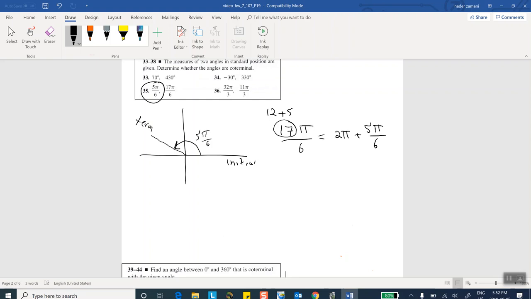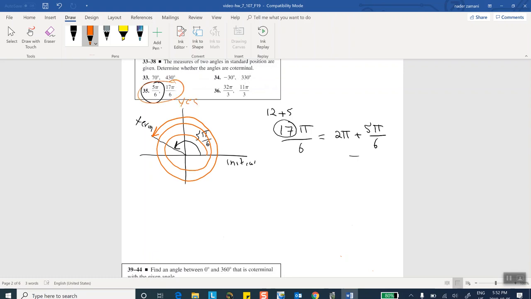If you break it down, it's going to be like that. There are other ways of breaking it down too. I will do that a different way in a minute. But if you go by this, let's draw the 2 pi plus 5 pi over 6. You start there, you go once, you go twice, and then you go 5 pi over 6. Of course, you end up here, exactly the same terminal side. So the answer to this is also yes.